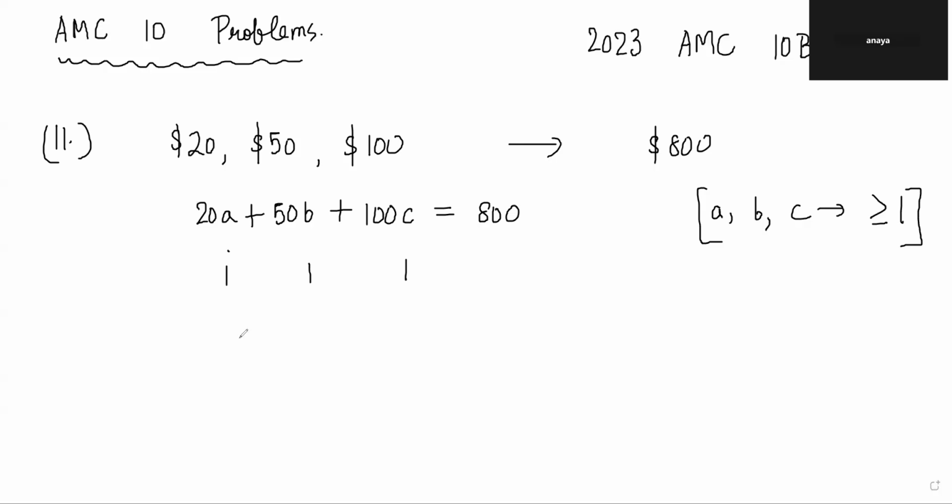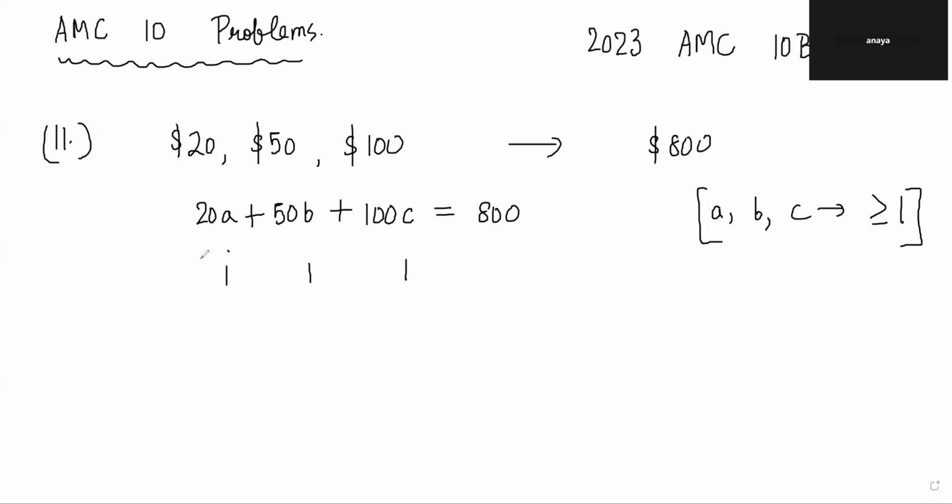If you already put 1 in each, you have already given 20, 50, and 100, because the problem has itself said that each bill at least one was given, right?